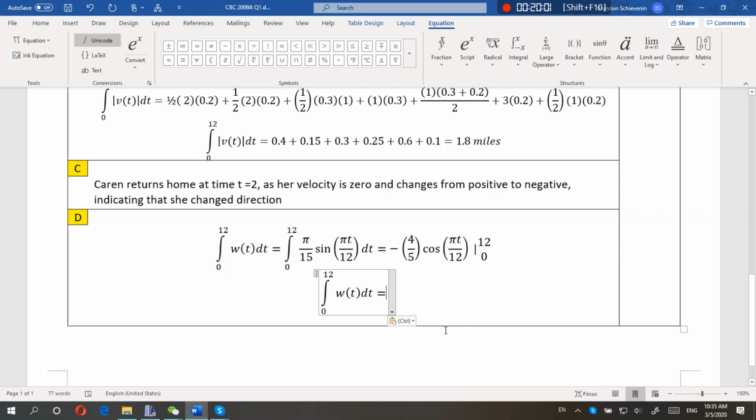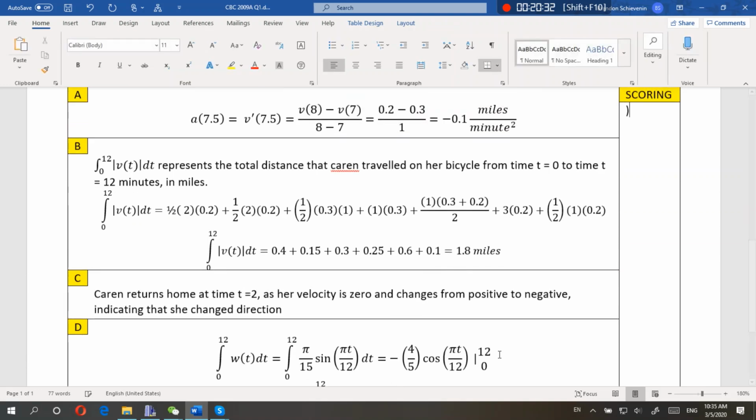Okay, so we are still estimating W(t). Can you see now? Uh-huh. Okay, I'm going to plug in upper bound minus lower bound. So if you plug in 12, it's cosine pi. So it's 4/5. Minus cancels out each. Okay, so 4/5 minus 0.